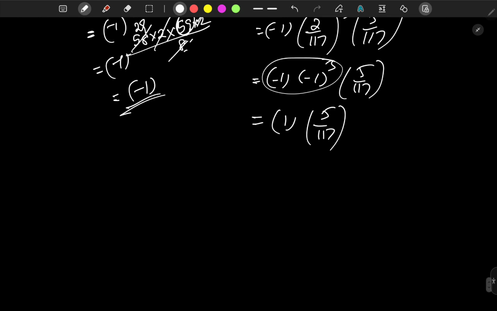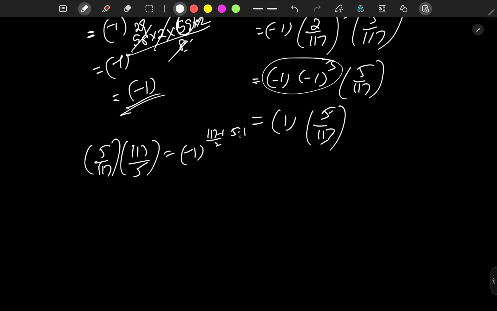Now again you can think of this procedure. Since 5 is a prime number and 117 is a prime number, both distinct primes, use this property: 117 by 5 equals minus 1 whole power of 117 minus 1 by 2 into 5 minus 1 by 2. That is 116 by 2, which is 58, and 4 by 2, so both are even, minus 1 whole power even, which is plus 1.